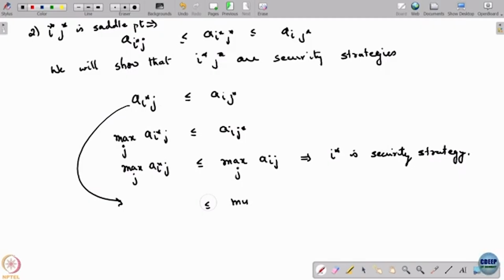So, I can do a min over i of a i j star, and the left hand side will still remain a i star j, but then that is in turn greater than or equal to min over i of a i j. Now, combining these two tells me that j star is a security strategy.